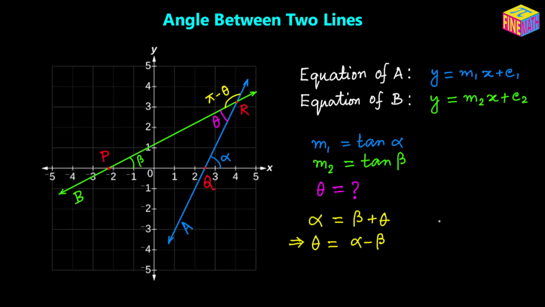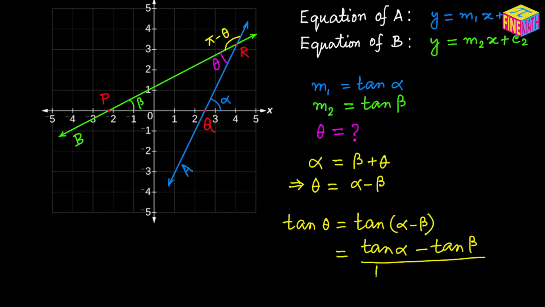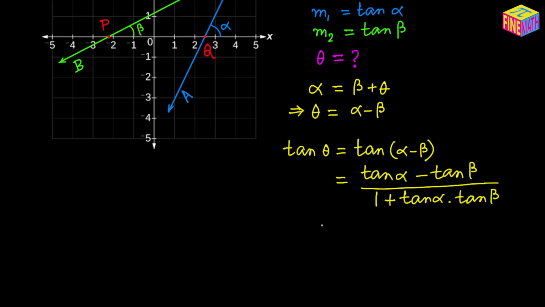Now let's take the tangent of theta and see what we get. Tangent of theta would be equal to tangent of alpha minus beta, and can we write it as tangent of alpha minus tangent of beta over 1 plus tangent of alpha times tangent of beta. And now let's substitute the values of tangent of alpha and tangent of beta.